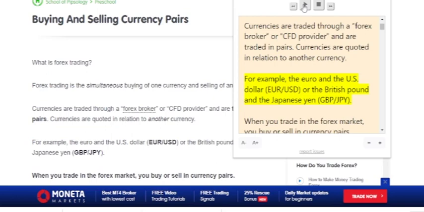As a retail trader, you need a broker to start selling or buying currencies. You only need a broker when you're doing it online. A broker is in between you and the market.